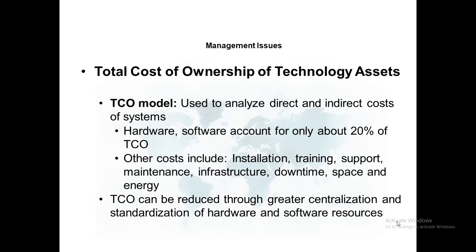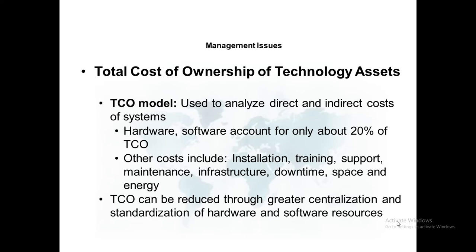It's not like when you have the hardware and the software, now you have invested, that spending stops there. No, there are other costs like installation. Who is going to install? You have to pay that person. Costs of training the people, costs of support and maintenance, because the systems may fail from time to time, so you need someone to maintain them. The infrastructure supporting the hardware, downtime, space and energy that is spent, all those costs have to be accounted for.